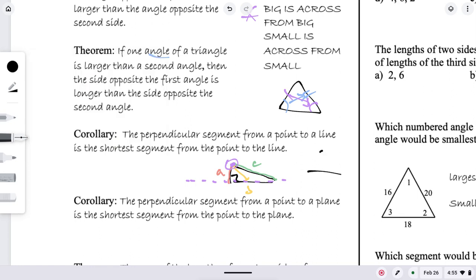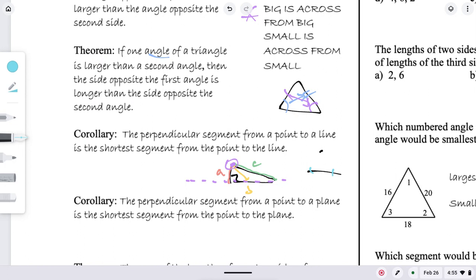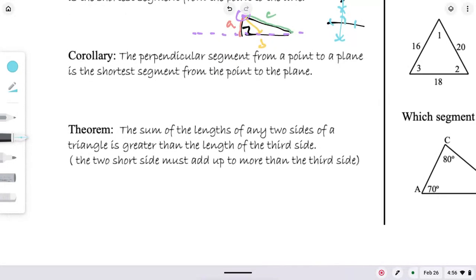We had a line and we had a point, and we tried to do that perpendicular line that goes through that point. And that was part of the reason to do that and make those construction marks that would tell us that, oh, hey, this perpendicular line goes through that point and the original line, but that's also the shortest distance from that point to that line. So these corollaries just tell us that. That's something that we've been using in the past already.